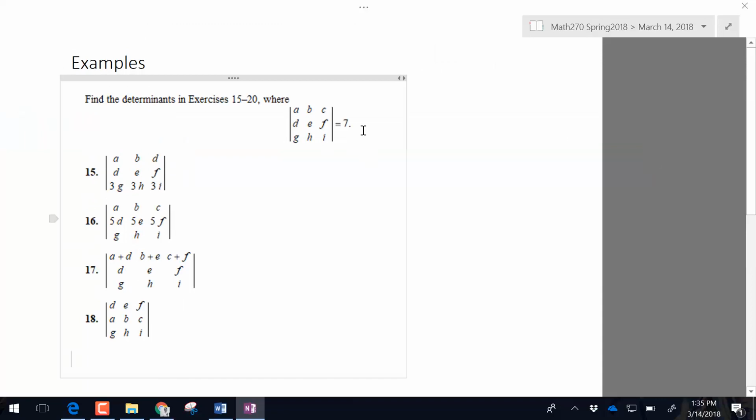So here they're saying that your original matrix is A, B, C, D, E, F, G, H, I, and that's equal to 7. And so now you have a bunch of new matrices here, and they want you to find the determinant of those.